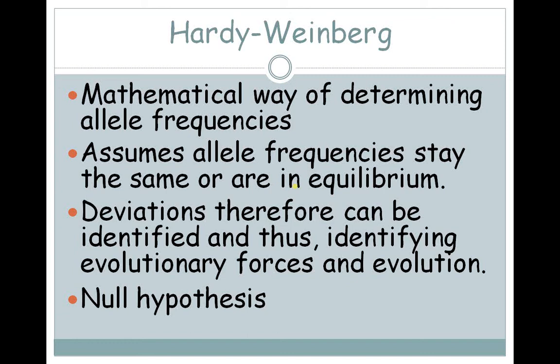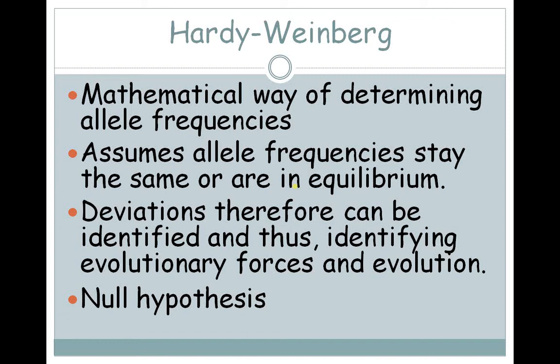Hardy-Weinberg was actually created by two separate scientists, Hardy and Weinberg, who both came up with very similar equations, or statistical models, at the same time, and they were combined into the one equation that we use today.